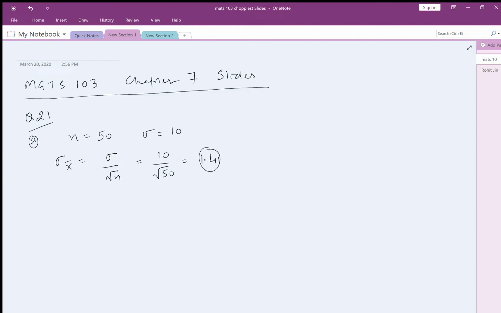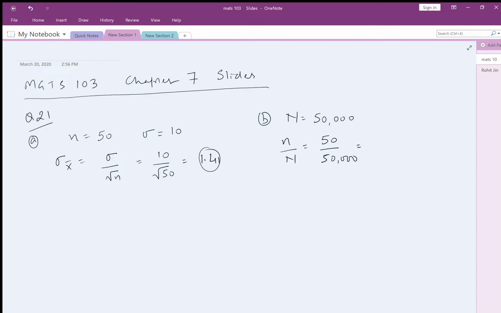Okay, so part B is population size is 50,000. Now we can see if we need to calculate the correction factor or not. So we know that small n divided by large N is equal to 50 divided by 50,000.